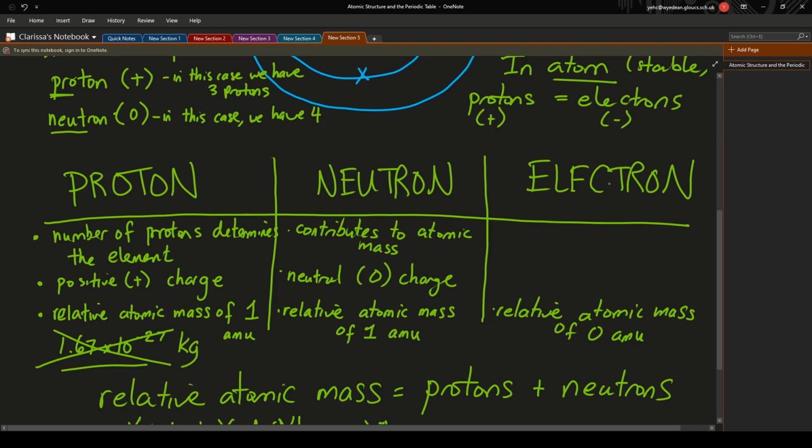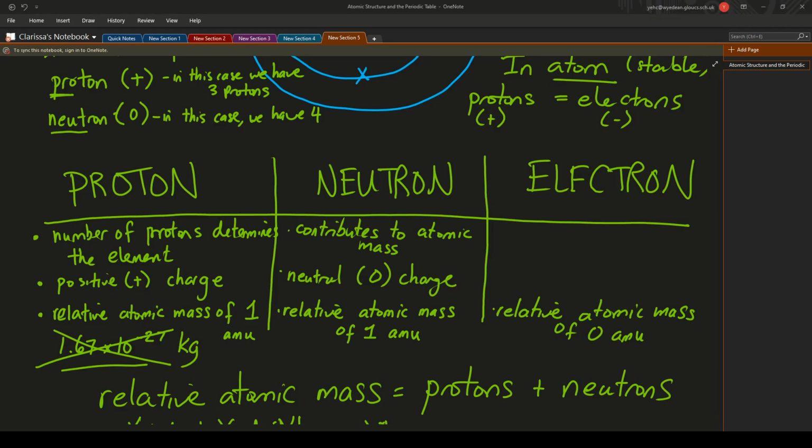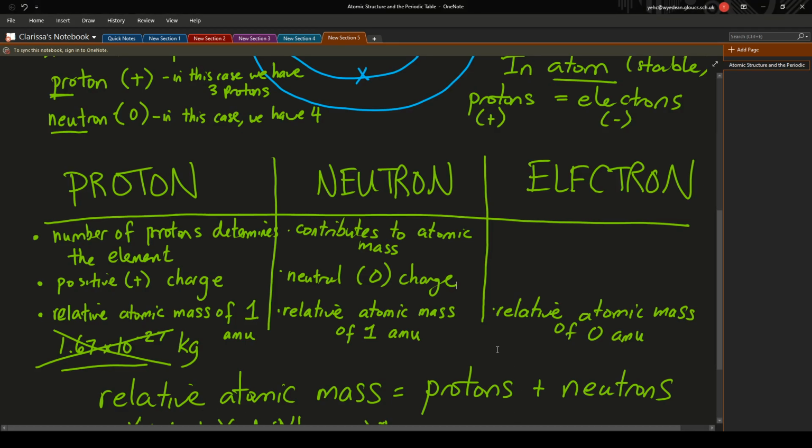Now the electron, we're going to lead this into our periodic table topic now. The electron also has a very, very important role when it comes to our atom. It has a huge role. And the electron determines chemical reactions and bonding.